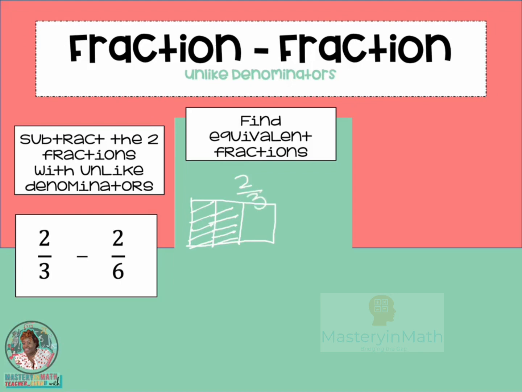And now I'm going to represent 2/6, but I'm going to do it looking a little differently. And let's hope it's not too confusing. I'm breaking this up into 6 parts.